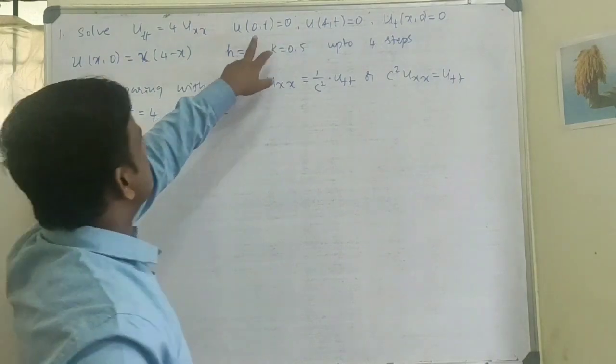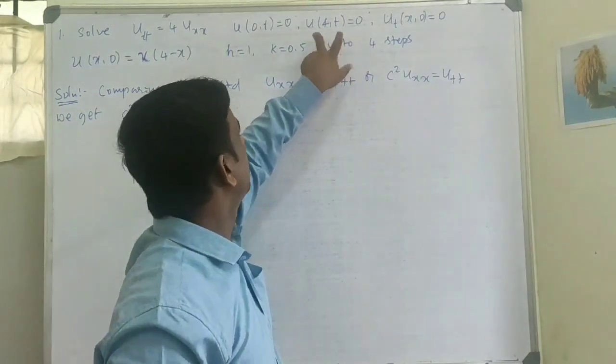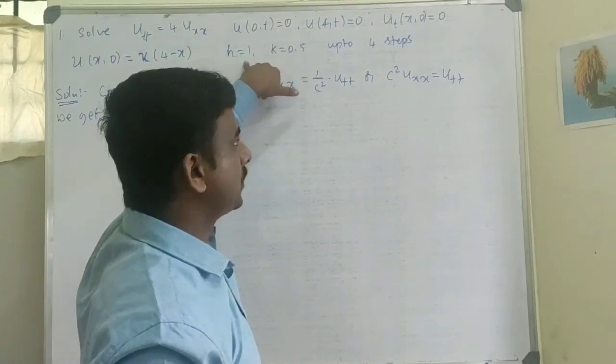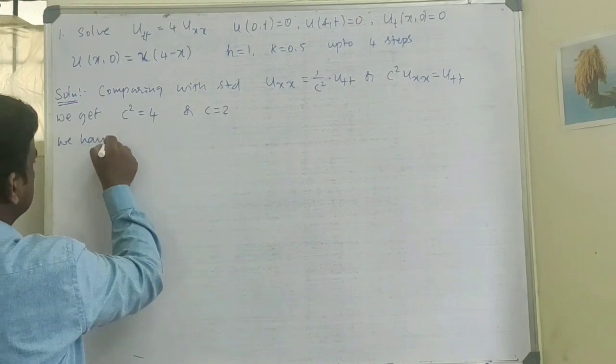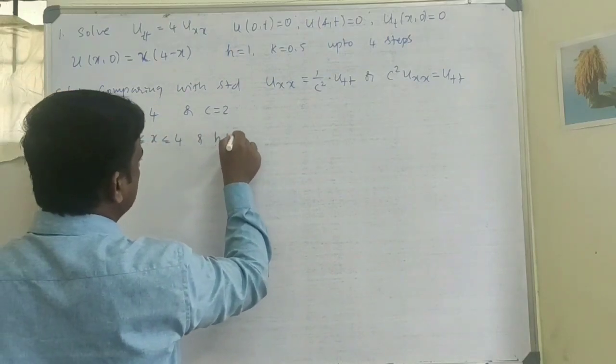Now, since we have u(0,t) = 0 and u(4,t) = 0, x lies between 0 and 4, and h equal to 1.